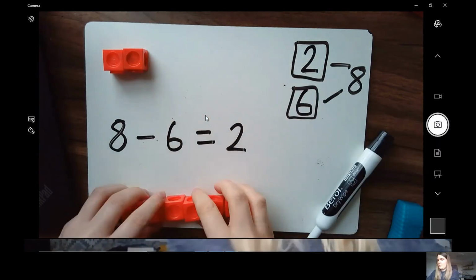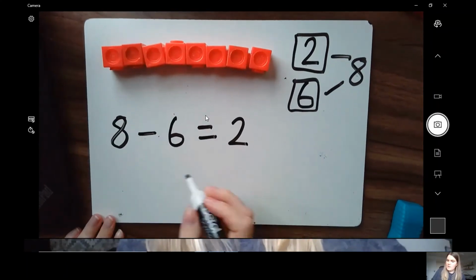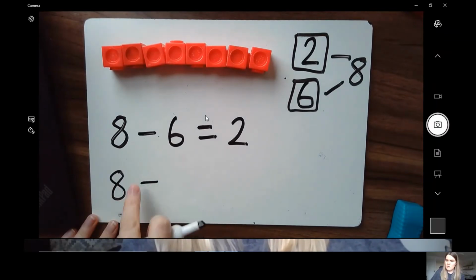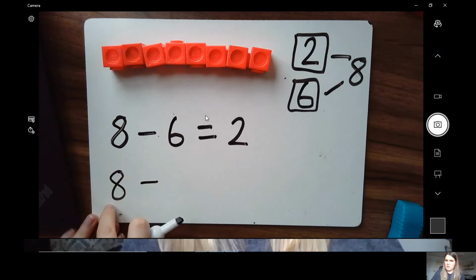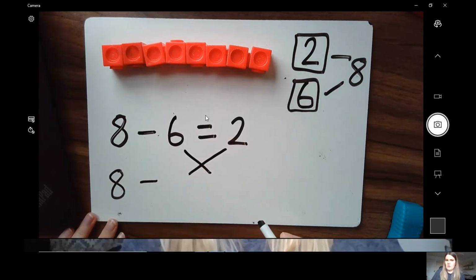Fantastic. If I put these back and I switch my equation this time, I still start with the 8. We don't touch this bit. We don't touch the number in front of the subtraction. However, what two can switch? These two.